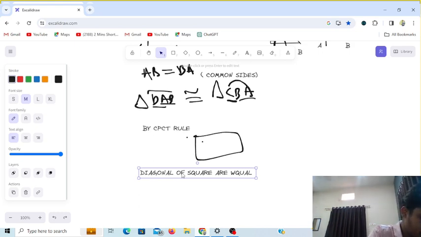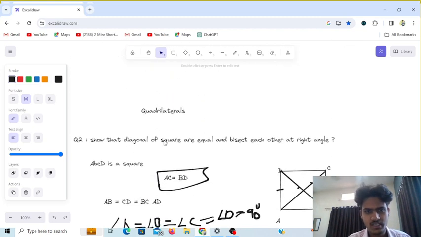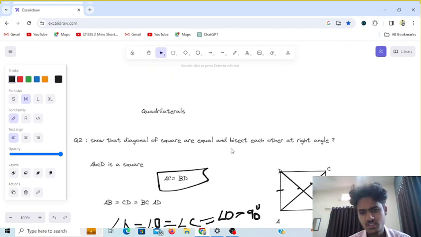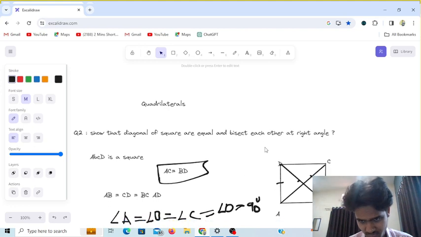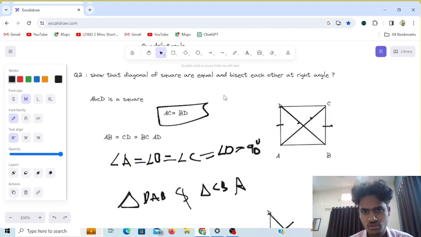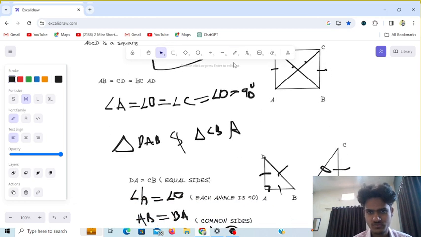And the next question is what they are asking: bisect each other at right angle. So then we are solving the next question, bisect each other at right angle.